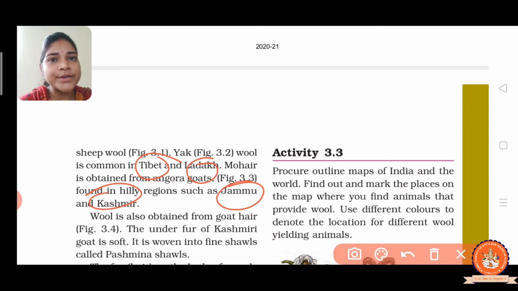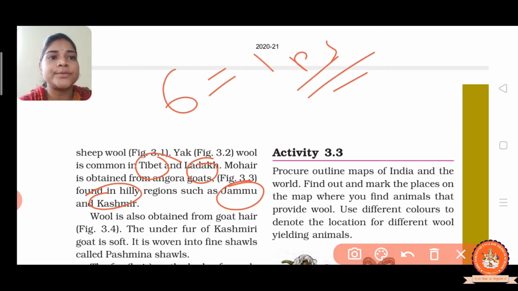And from the goat found in the Himalaya or Kashmir, we get fine wool that is woven into the fine shawl called the Pashmina shawl. The warmness of 6 sweaters is equal to 1 Pashmina shawl, right?